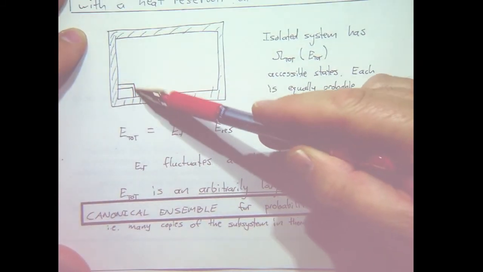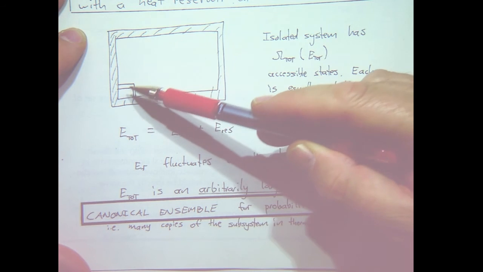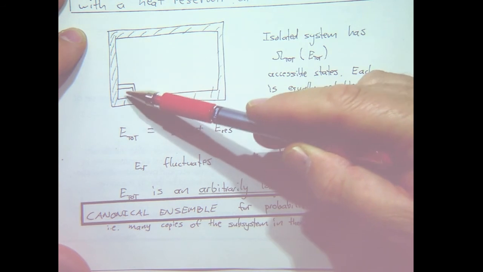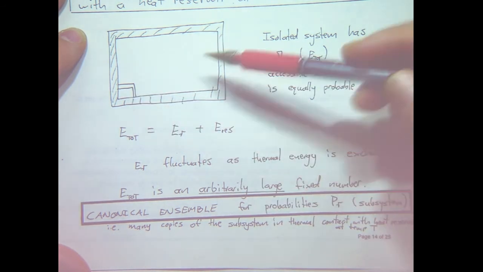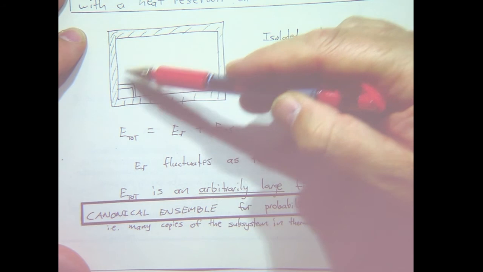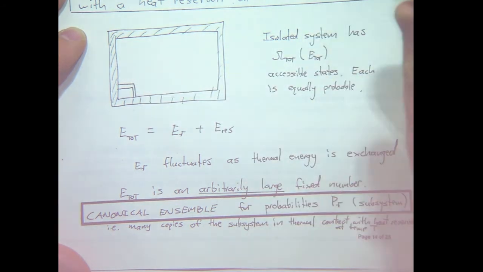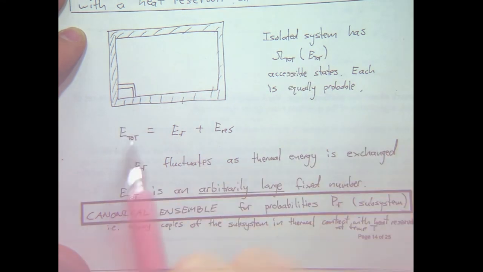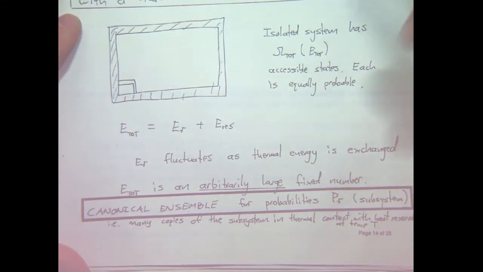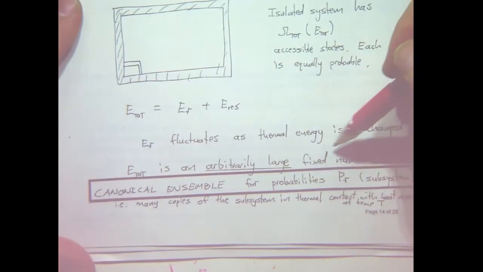Because these are in thermal contact, this energy ER fluctuates, and so does E res, as thermal energy is exchanged. So if you had a device that's sensitive enough, you'd get different values each time you measure it. E total is an arbitrary large fixed number.